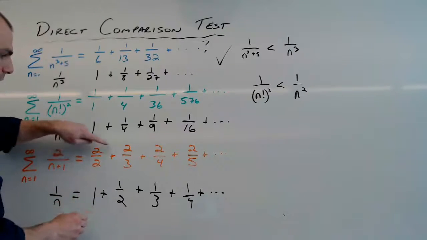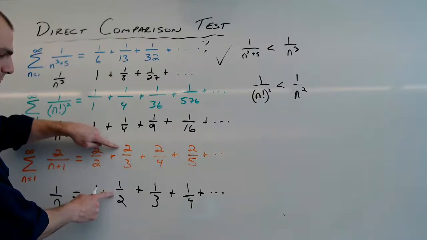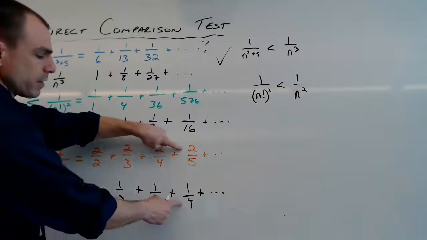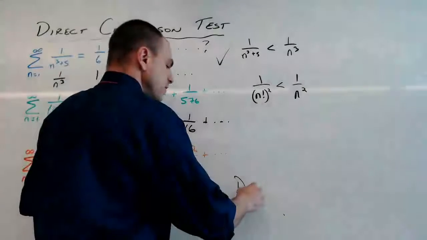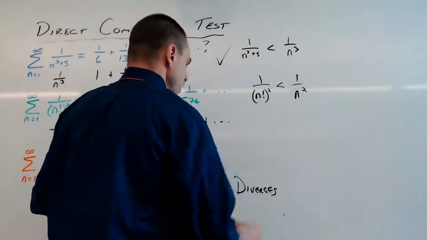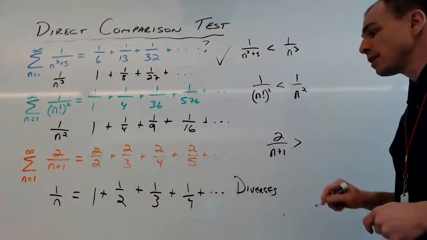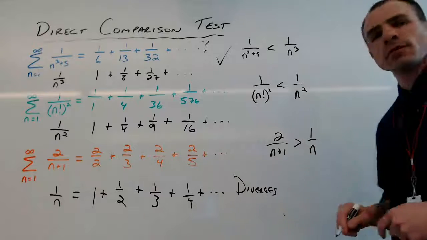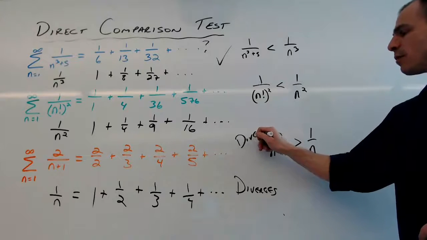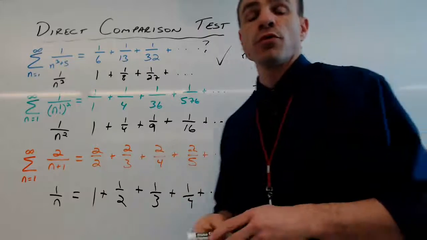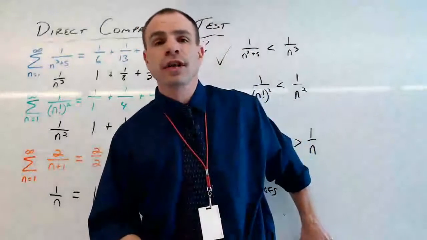And then 2/3 is greater than a half, 2/4 is greater than a third, 2/5 is greater than a quarter. Since this series diverges, and 2 over n plus 1 is greater than 1 over n, that means that the series I'm curious about must diverge as well. So it works both ways in regards to the direct comparison test.